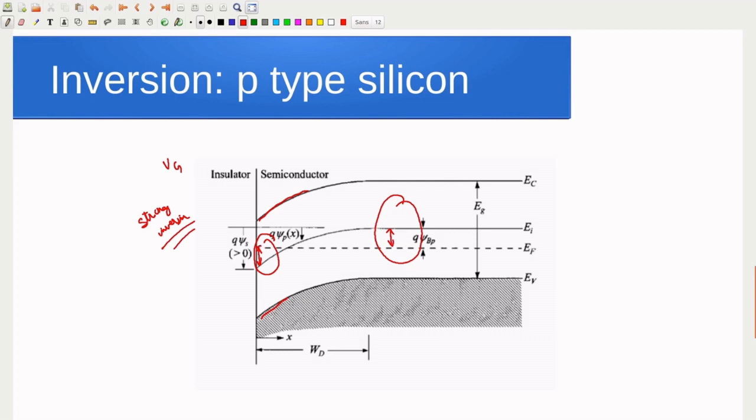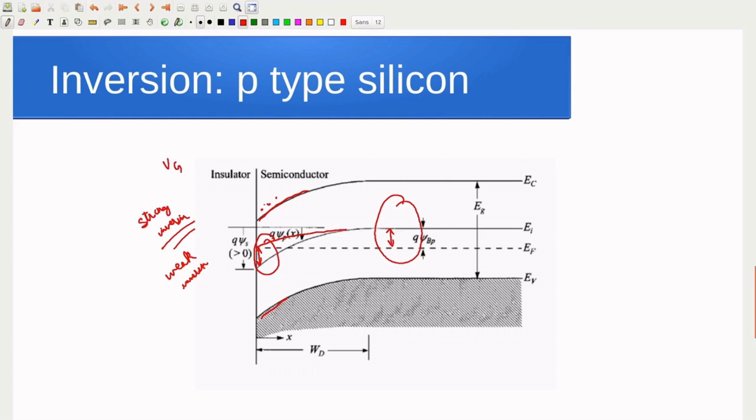If it was a weak inversion, the band would have been bent in such a way that the EI becomes the same level as that of EF, and only a few electrons are accumulated nearer to the junction. That is the weak inversion.